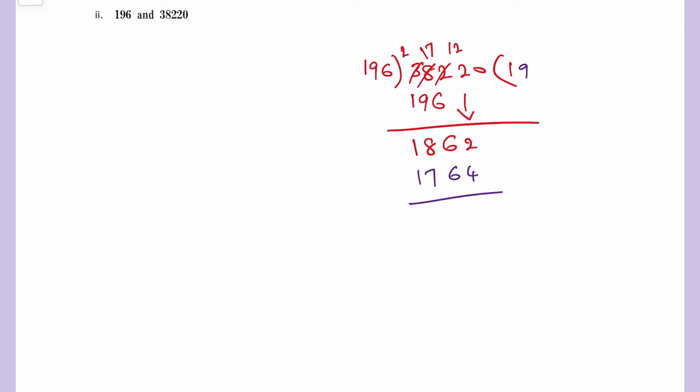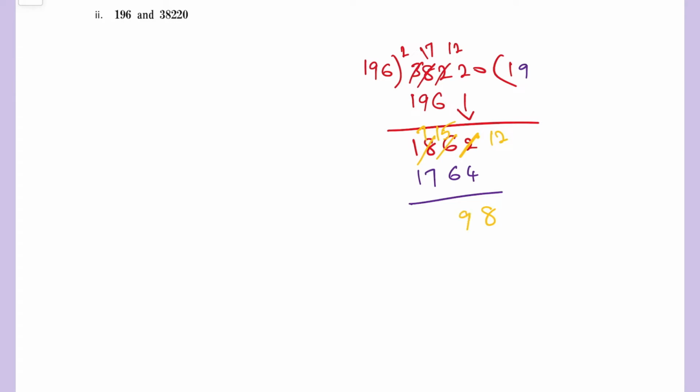Now again, let us do subtraction first. Here from 2, 4 won't go, so this 2 we will take as 12 and the previous 6 will become 5. 12 minus 4 is 8. 5 minus 6, again it's not possible, so again I need to borrow, so this 5 will become 15 and the previous digit 7 will become 6. 15 minus 6 is 9, so the answer is 98.